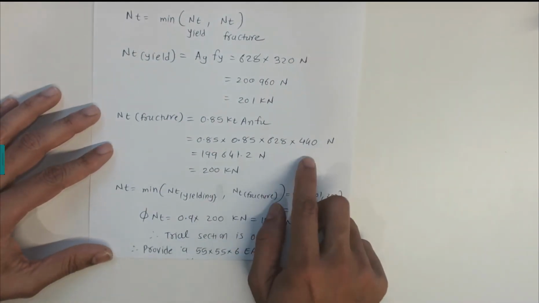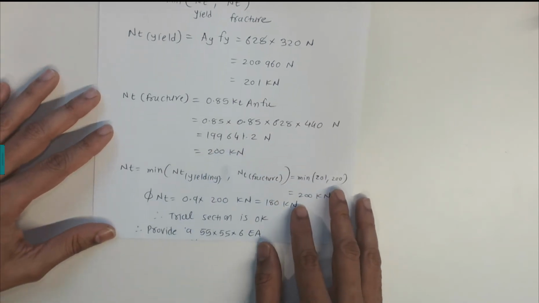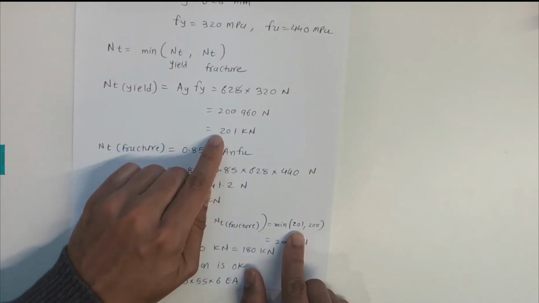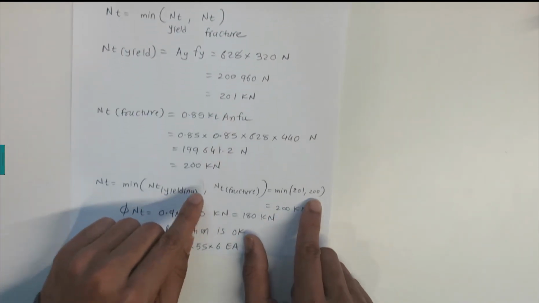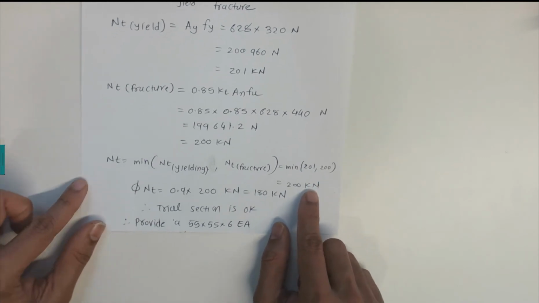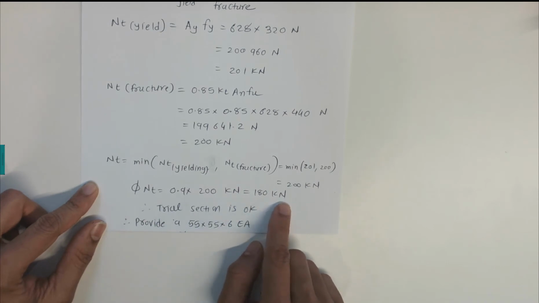That gives us about 200 kilonewtons after dividing by 1000. So we need to take the minimum of yielding and fracture: 201 from yielding and 200 from fracture, so 200 kilonewtons. Multiplying by the safety factor 0.9 gives us 180 kilonewtons.